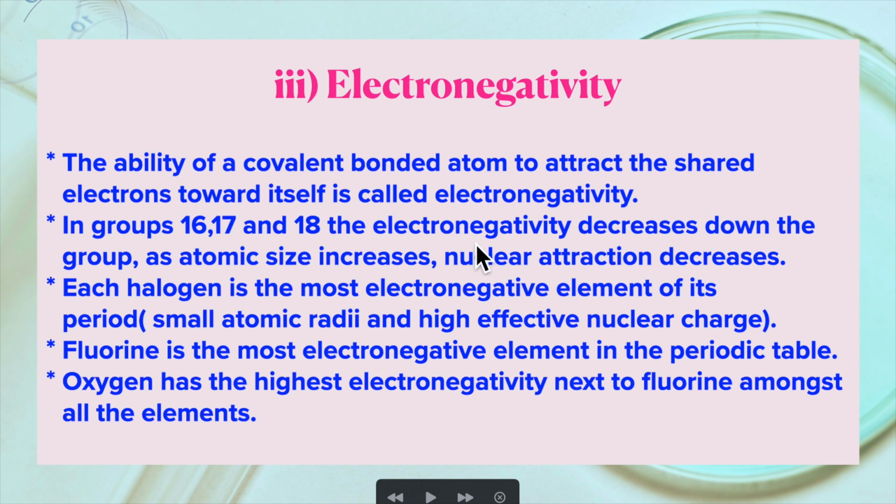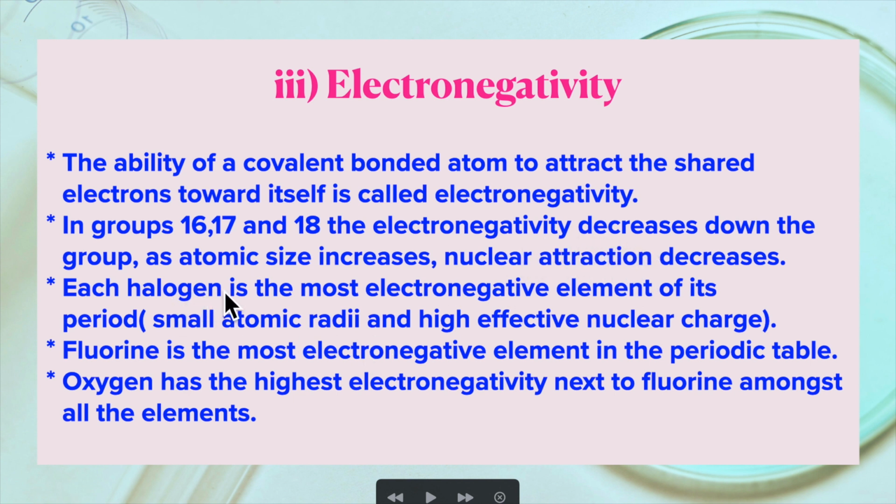That means it must have the ability to gain electrons, and if the atomic size is less, then the electronegativity will be more. But in a group, as we move from top to bottom, the atomic size goes on increasing, and so electronegativity goes on decreasing, as nuclear attraction decreases.